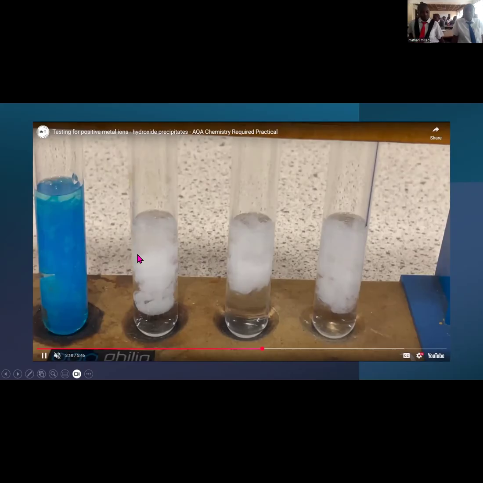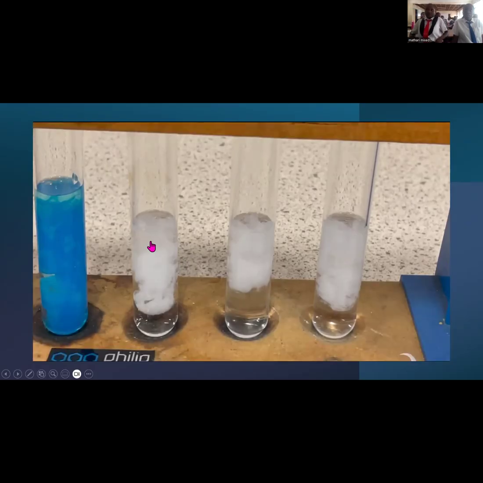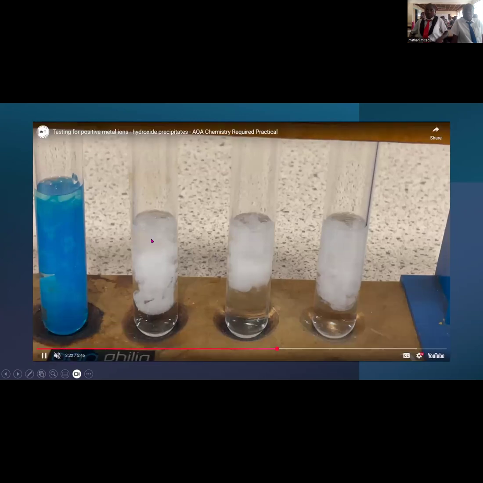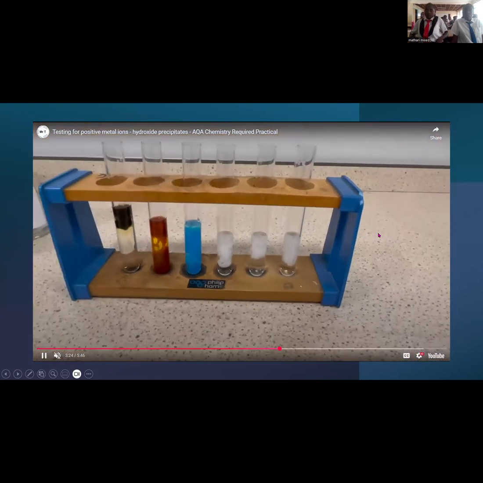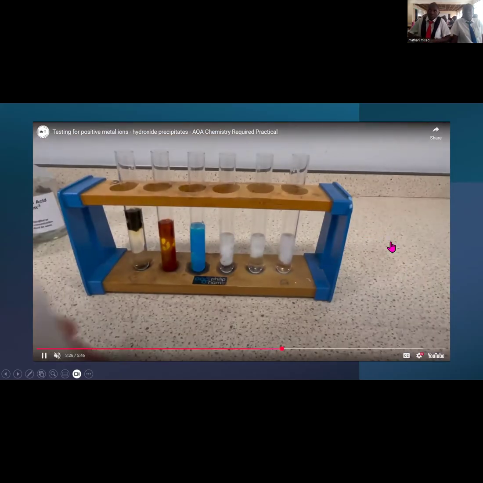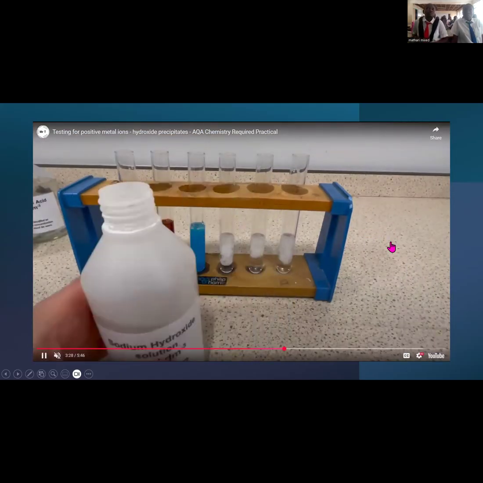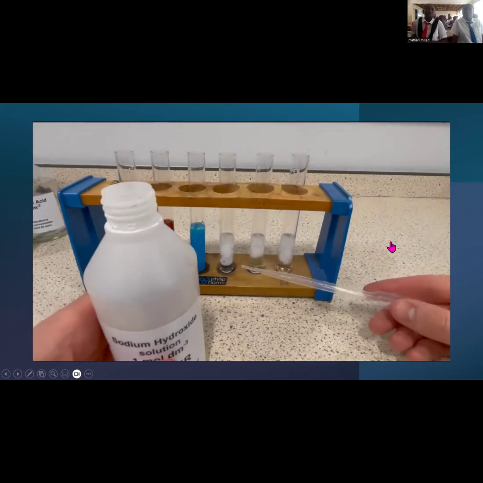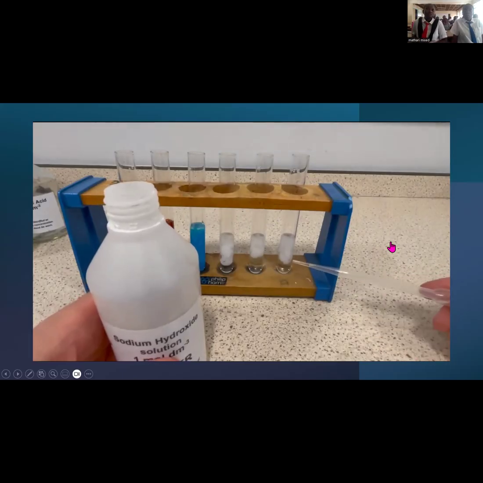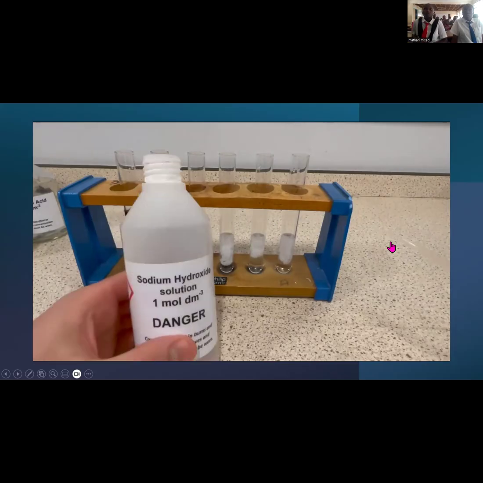And what you need to know about zinc is that if you add a lot more, if you add excess, then something happens to it. You need to add quite a lot more. And sometimes you have to just look at it and go, yes, has it got less or not? So we are going to add some more sodium hydroxide to the zinc now, not to the aluminium and lead.